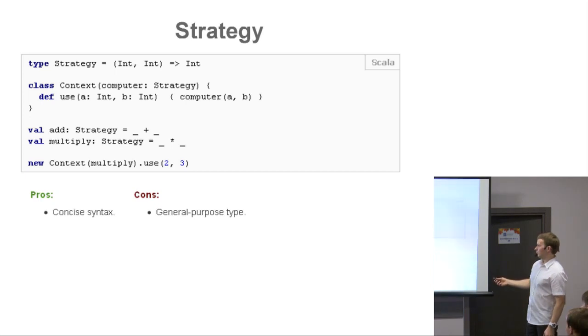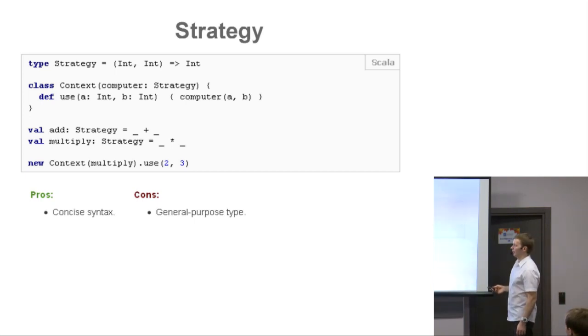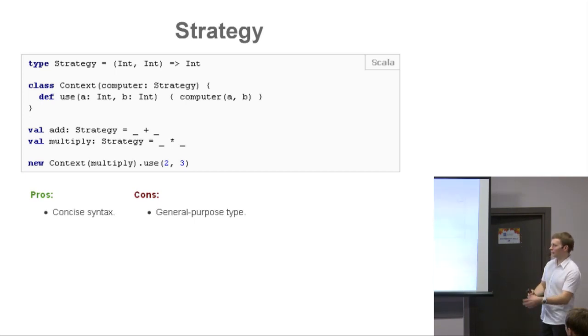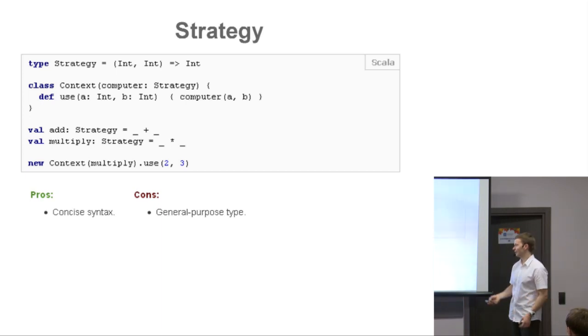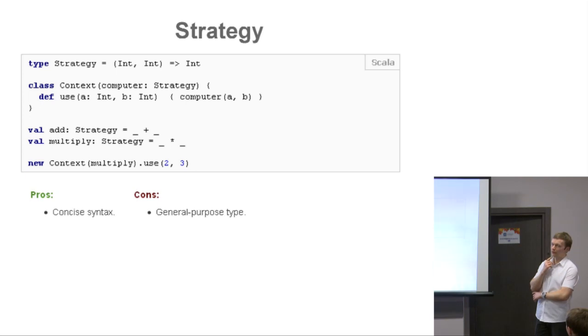The advantage is much more concise and clean code, and the disadvantage is that our strategy type is general purpose, so we can mix all the possible functions without knowing what kind of functions we use. But that might actually be an advantage in some cases, so we can really reuse all the declared functions in our code.